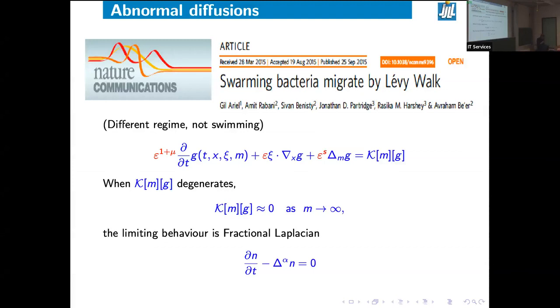For those who like fractional Laplacian and Levy jumps, biology and cell motion is full of this kind of observation: cells sometimes make very long jumps, and they move more by Levy walks than by Brownian motion. You can find many such papers, and not only for bacteria; cells in your body also move by Levy walks. So the challenge here is to explain it by the internal variable.